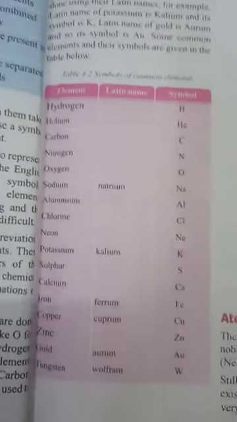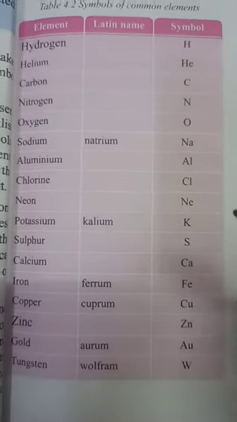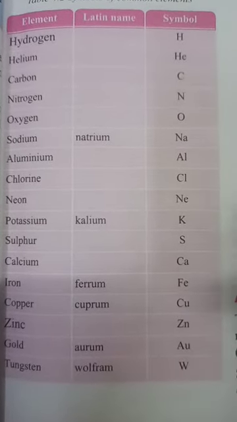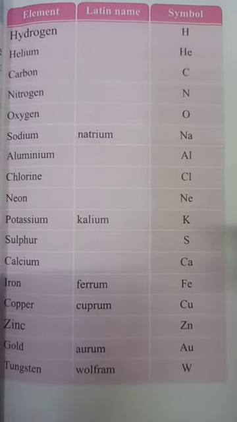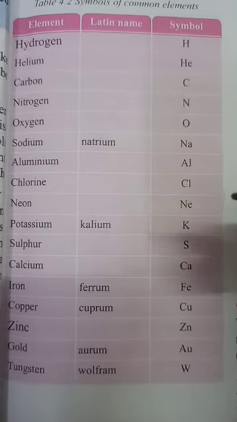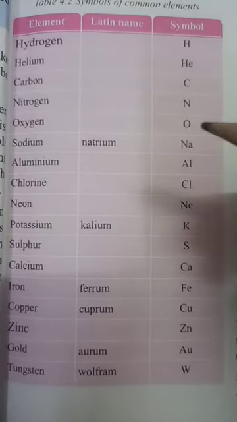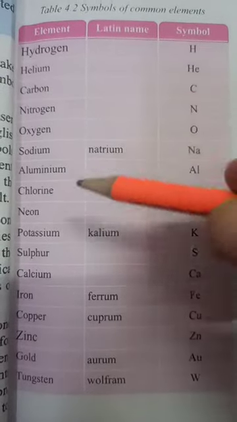And one thing I want to tell you, this table, I told you to write this table. Pause the video, and if you have not written it in your science notebook, then you have to write this table, because it is very very important, and some questions can be framed from this table.